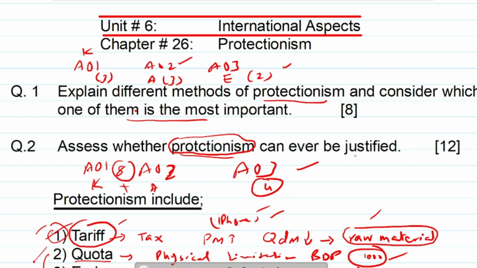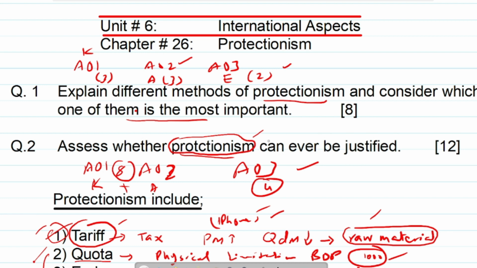And then after talking about the favorable points of protectionism, you will say however these methods can be harmful to an economy as well. So you will now write against these points, like tariff increases the price of imports and so on and so forth. I have already explained that. And you have to talk against these methods, and then at the end you have to conclude that.